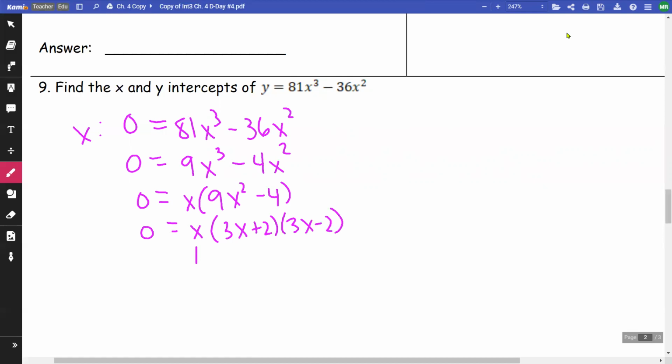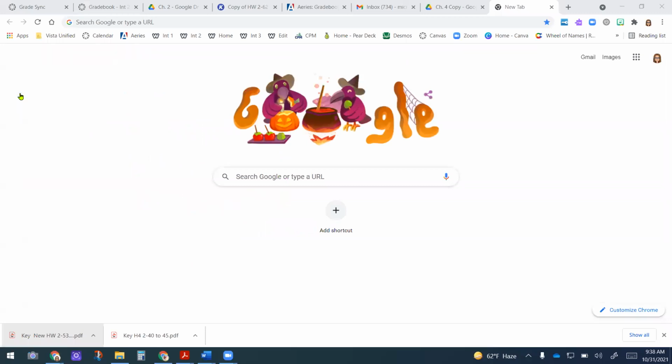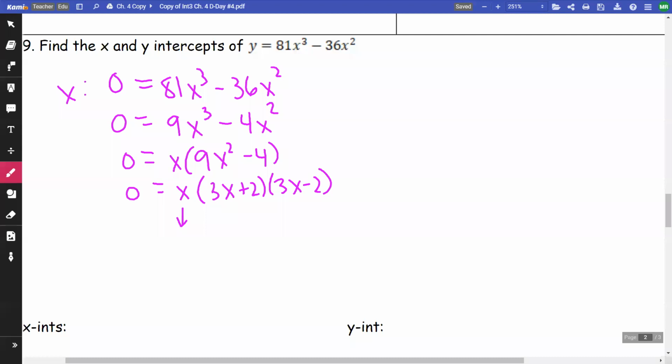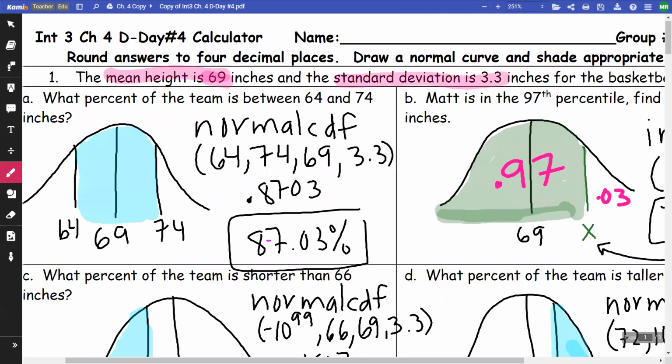So I'm going to get 3 x-intercepts. One is x equals 0. This one is going to be x is equal to -2/3.